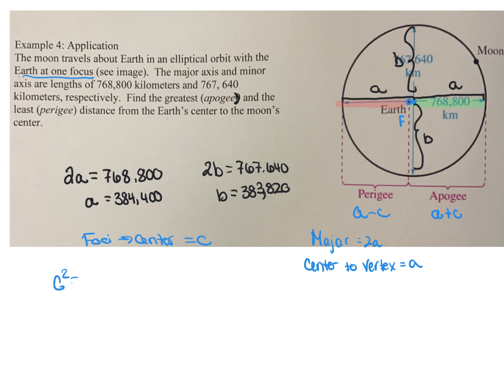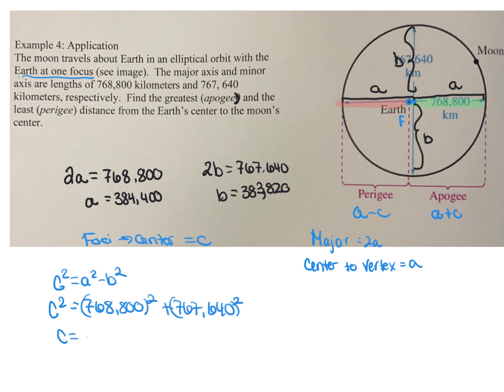So c squared equals a squared minus b squared. C squared is going to equal 768,800 squared minus 767,640 squared.